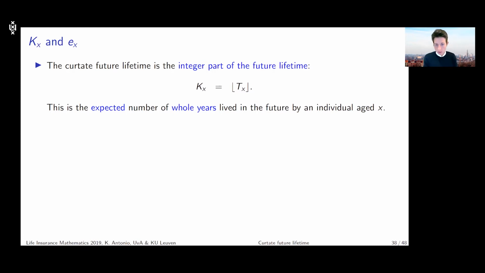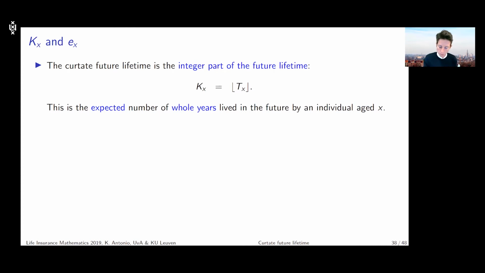If you look at a product that pays out at the beginning of the year, then the number of payments that you can expect will be captured by the expected value of this Kx, because then you need to know how many whole years my individual will continue to live in the future. So don't worry yet about these actuarial use cases, that will come later on.